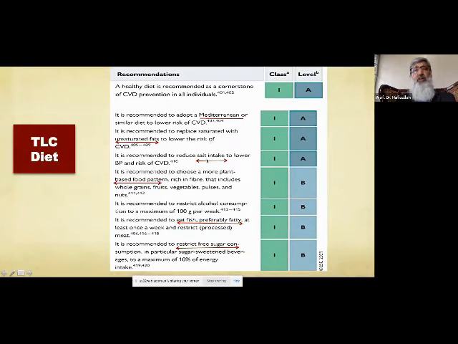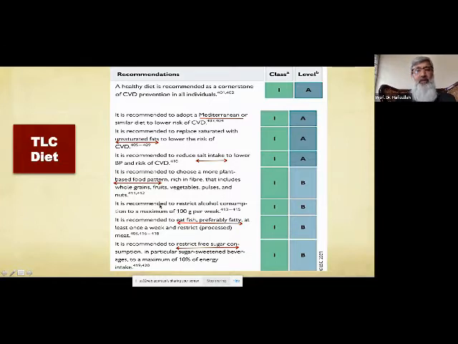It is recommended to reduce the salt intake for blood pressure and reduction of cardiovascular risk factors, and to choose a more plant-based food pattern. So when you come to KPK, we will not offer you tikkas over here because we would like to offer you more plant-based food patterns that include whole grains, fruits, vegetables, pulses, and nuts.